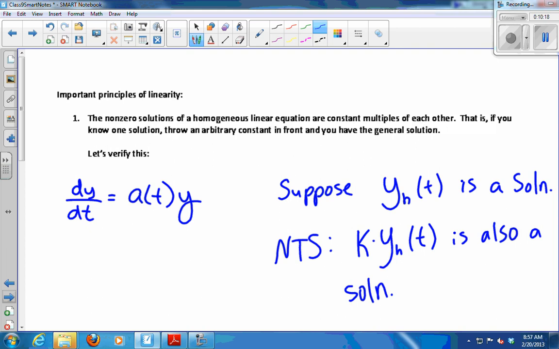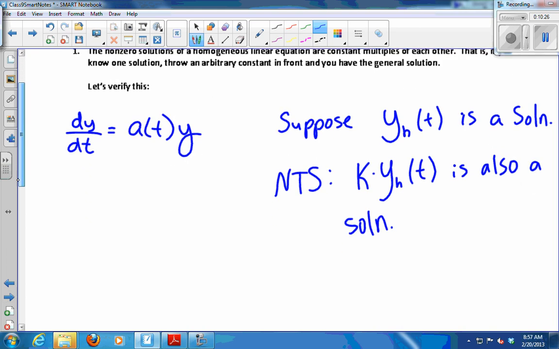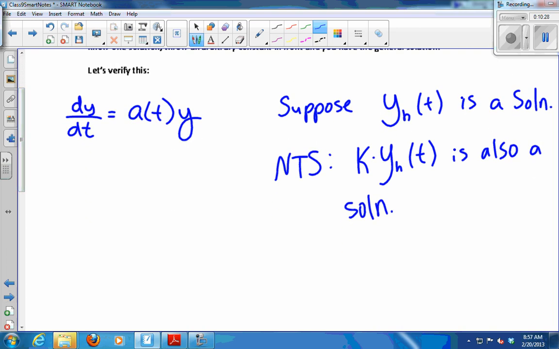So we are assuming that we have a solution, y sub h. I need to show that k times y sub h is also a solution. So I have to show that dy/dt is equal to A of t times y for this solution. So I have to take dy/dt. We'll call this y. So what is the derivative of k times y sub h of t?